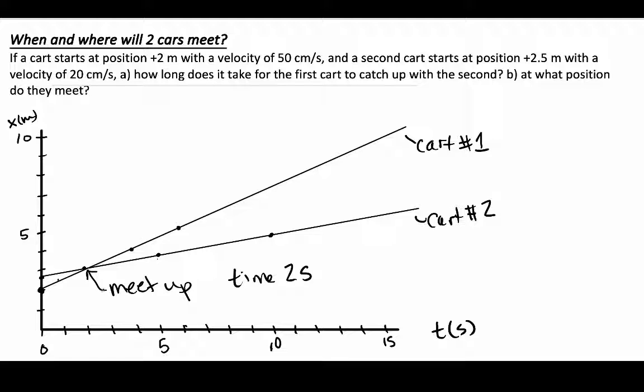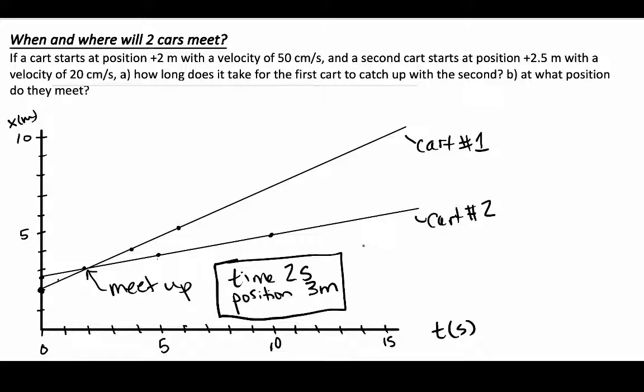So it takes 2 seconds for the first car to catch the second car because it's going considerably faster. And at what position do they meet? Well, position is over here on the y. So position looks to be right at about 3 meters. So graphically, that's the answer.